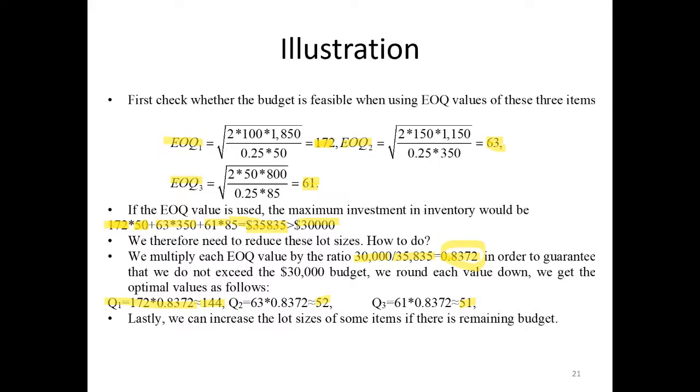Did we exceed 30,000 or not? Most likely the value is going to be less than 30,000, and in that case, if you have some remaining monetary value, then this can be distributed or assigned to any one of the three items. So this is an illustration of how to treat these kinds of problems.